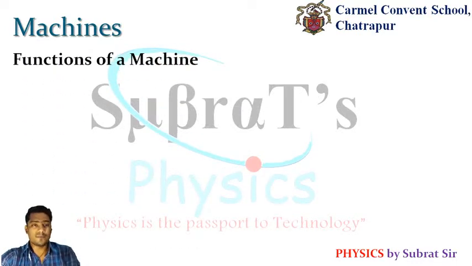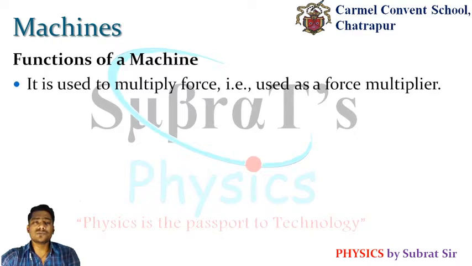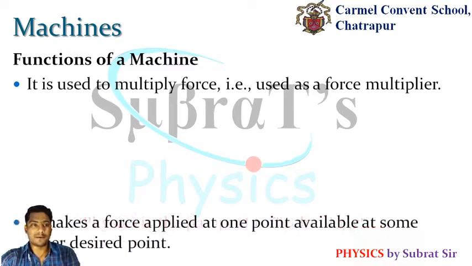Some functions of a machine. Okay, the first one is it is used to multiply force, used as a force multiplier. This means by applying a less force we can get a bigger force than the force we have applied. Okay, so this is called a force multiplier.